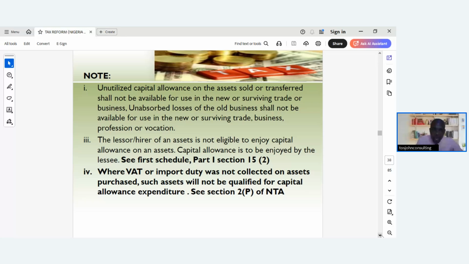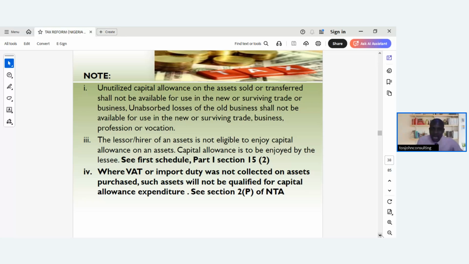The lessor slash hirer of an asset is not eligible to enjoy capital allowance on an asset. Capital allowance is to be enjoyed by the lessee. You can see First Schedule, Part 1, Section 15, subsection 2 of the Act.